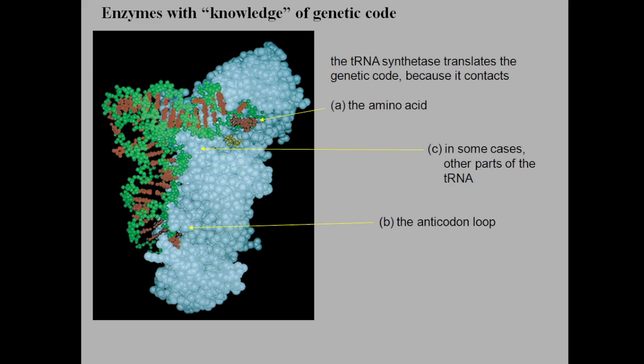There is the same number of different synthetases as tRNAs. It is not 61 tRNAs, but some more than 20. It depends on the genetic code.